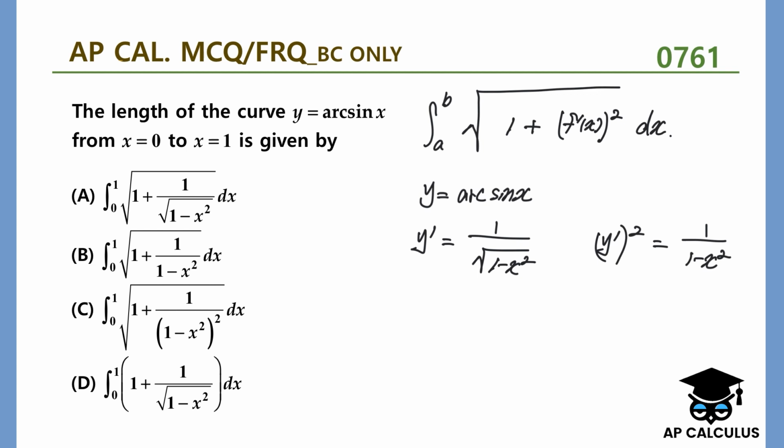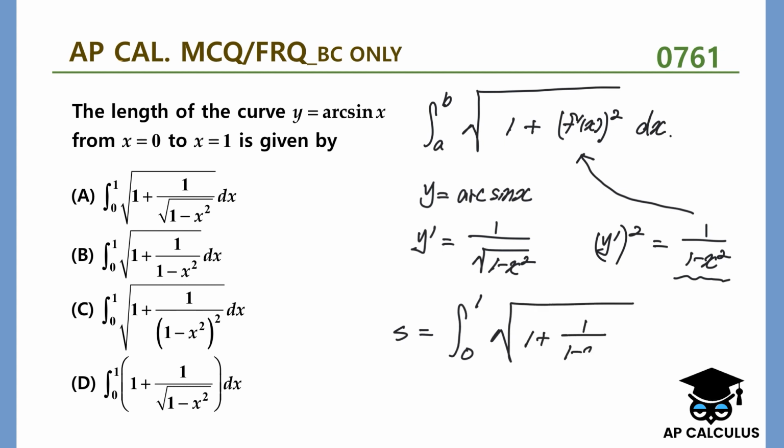So we substitute this expression, and our arc length, let's say it's s, is equal to the integral from 0 to 1 of the square root of 1 plus 1 over 1 minus x squared dx. So the answer has to be B.